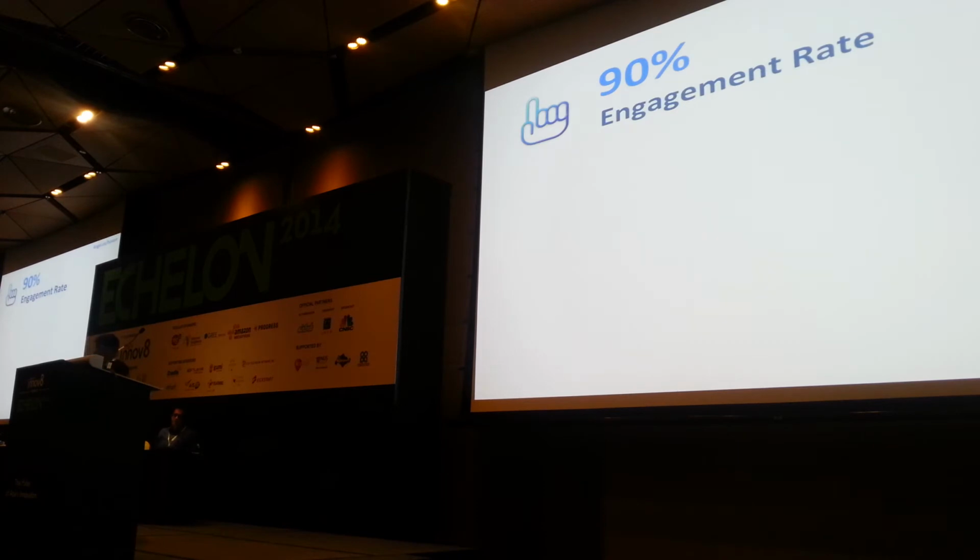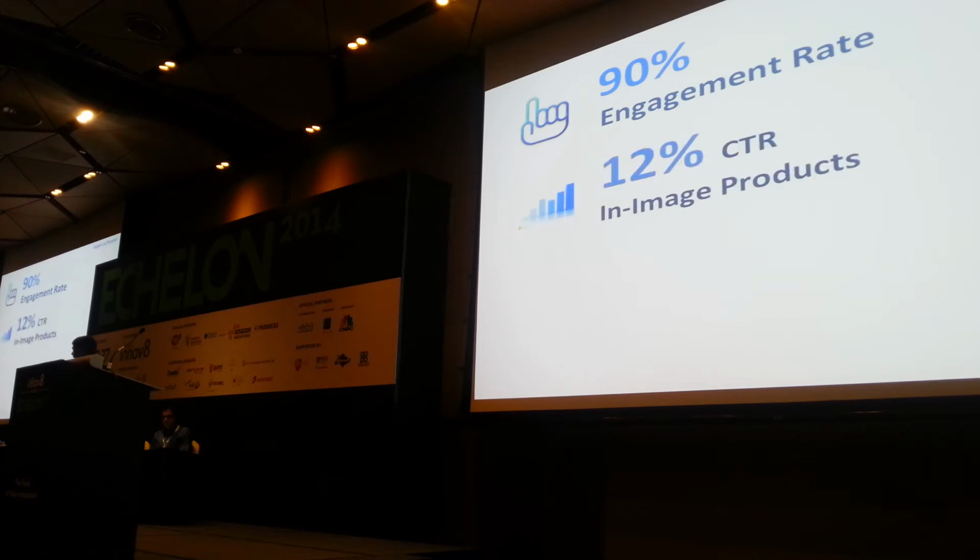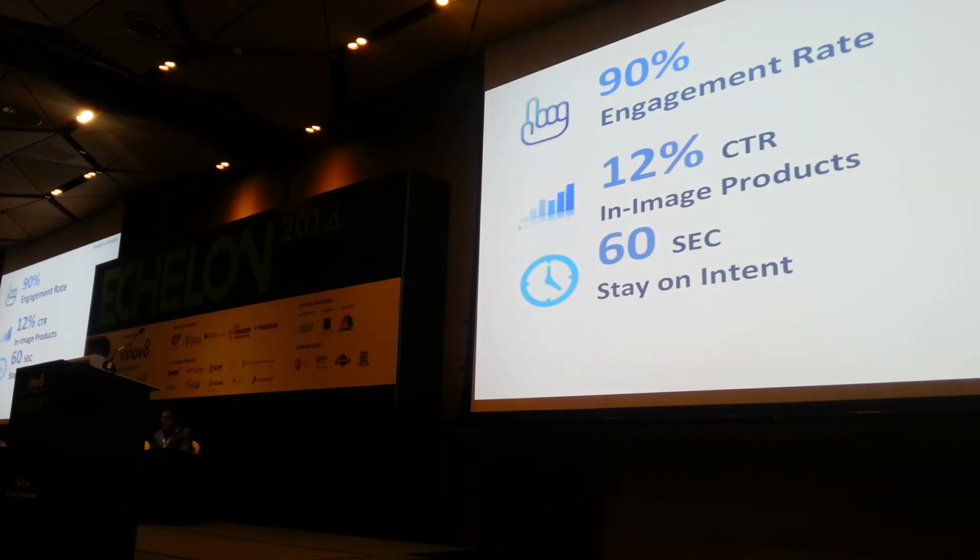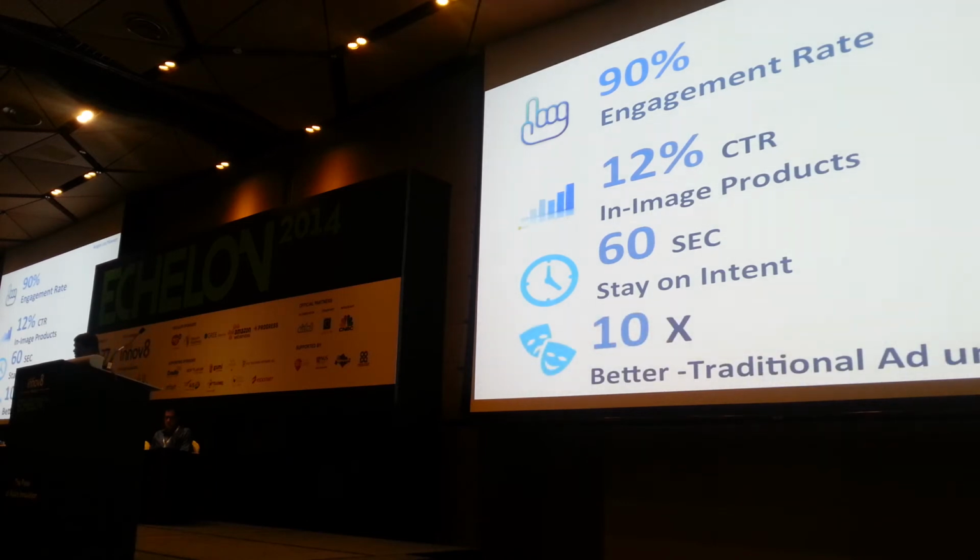We're getting close to 90% engagement on the ads which we show over the images, and a 12% click-through rate on the products which we show over the images, and any user redirected from the product stays on the landing page for more than 60 seconds, which shows that the user has clicked on the product by intent. And these are on average 10 times better than the traditional ad units.